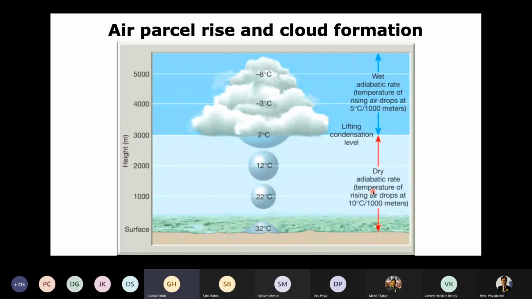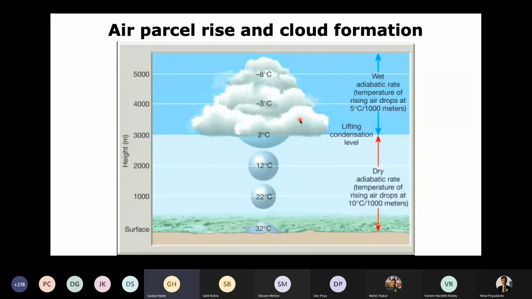The dry adiabatic lapse rate, we will learn what is dry adiabatic lapse rate and wet adiabatic, is 10 degrees centigrade per kilometer in the atmosphere, which means the temperature decreases by 10 degrees centigrade in 1 kilometer through different altitudes. This causes the condensation of water vapor inside the air parcel, and that allows formation of the cloud.